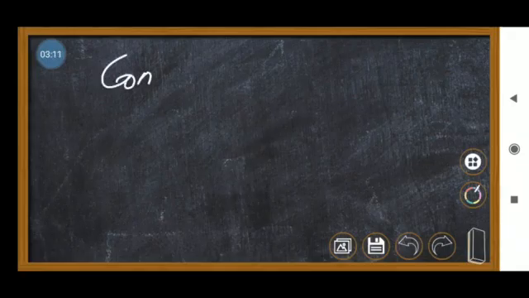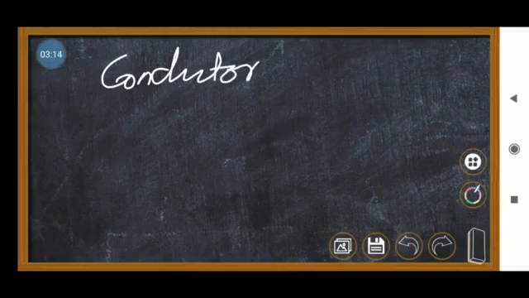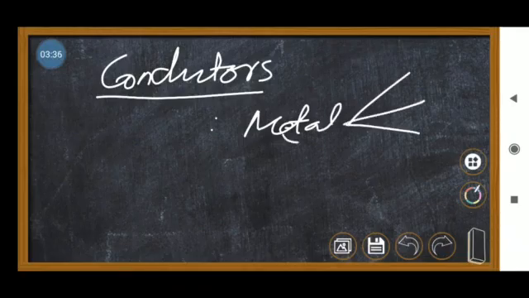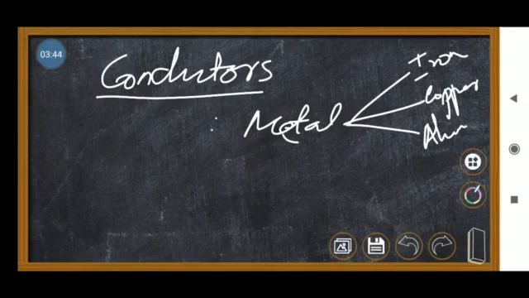What are conductors? A conductor is any object which allows electricity to pass through it. For example, metal bodies such as nickel, chromium, aluminum, iron, and copper. We consider these in terms of conductors.